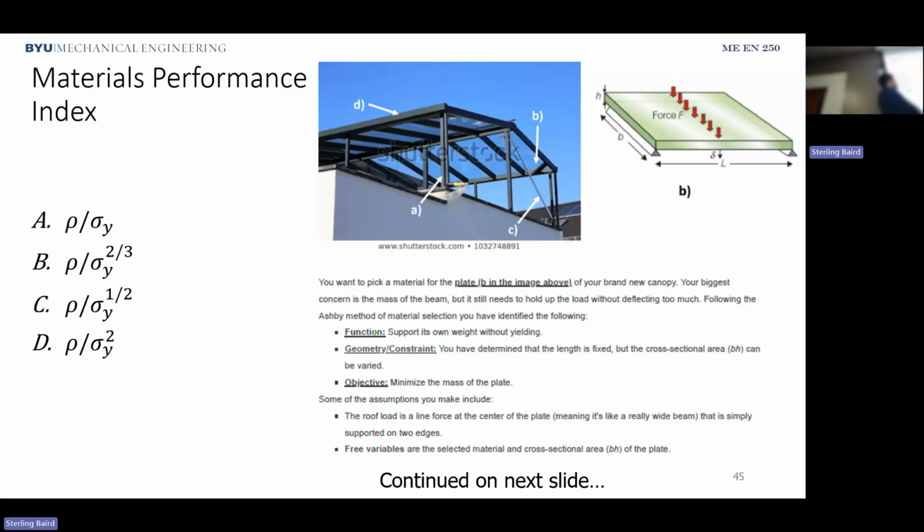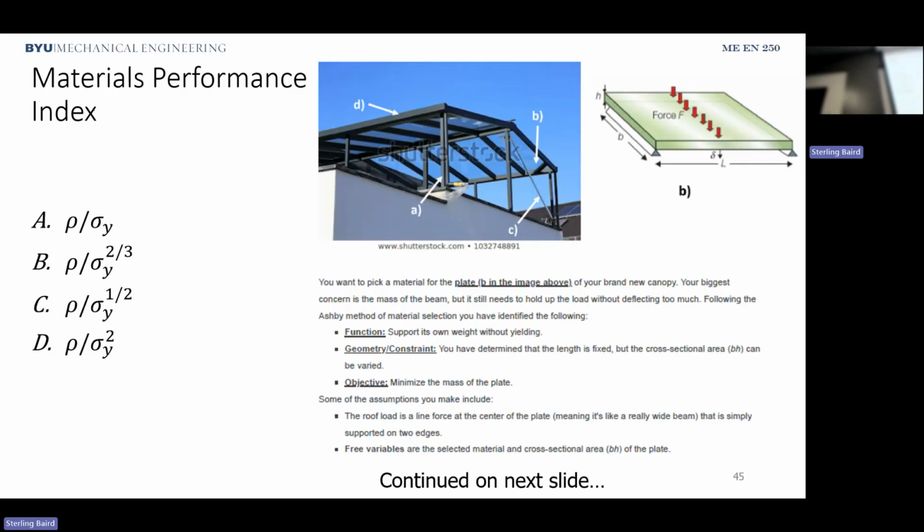Your biggest concern is the mass of the beam, but it still needs to hold up a load without deflecting too much. Following the Ashby method, you've identified the following. The function is it should support its own weight without yielding. Geometry: the length is fixed, but the cross-sectional area can be varied, and your objective is to minimize the mass of the plate.